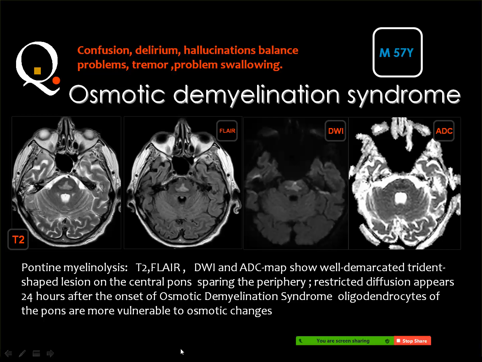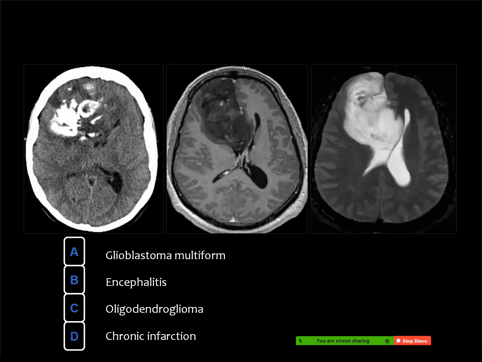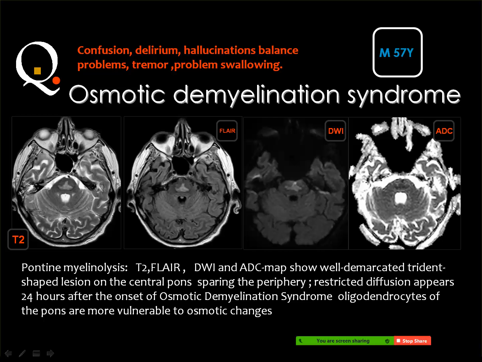Then we have to discriminate between acute lesions and chronic lesions, and we should not be confused about the lesion. If it is restricted, someone may think of an infarction, which is not true.